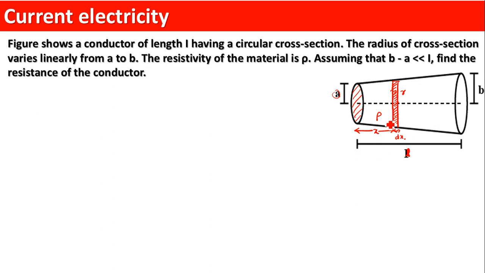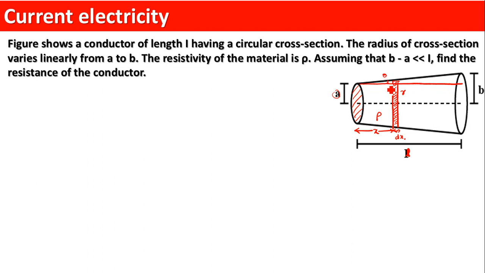Understand? Now if this is r, this is A, and if I consider a horizontal line, let me write properly. Let me consider this angle as theta.